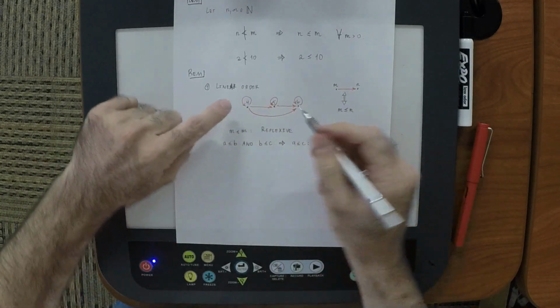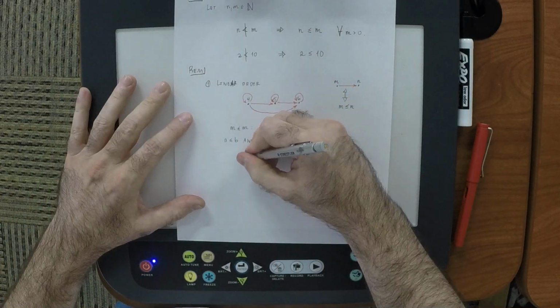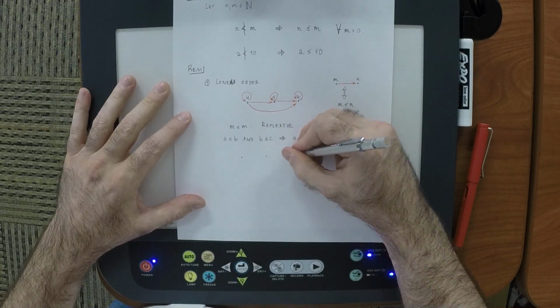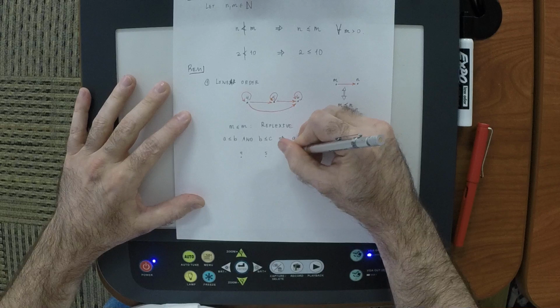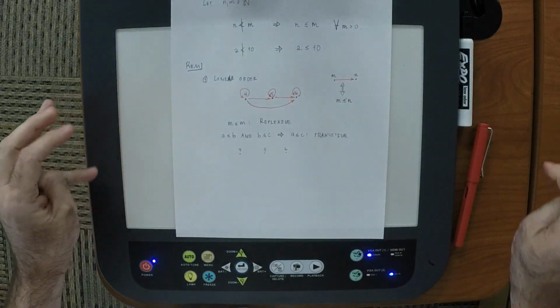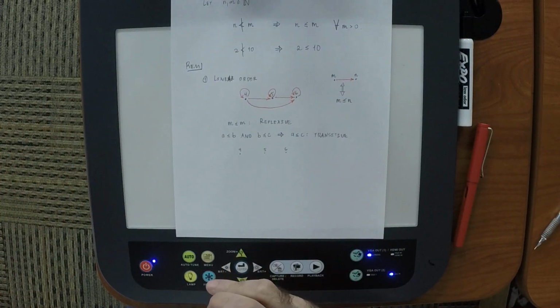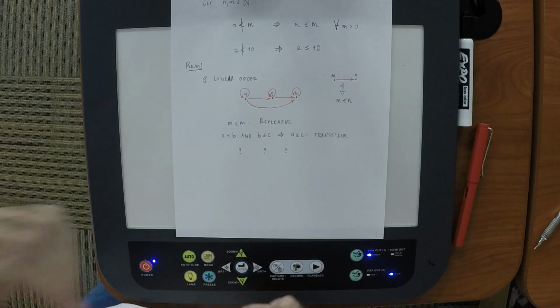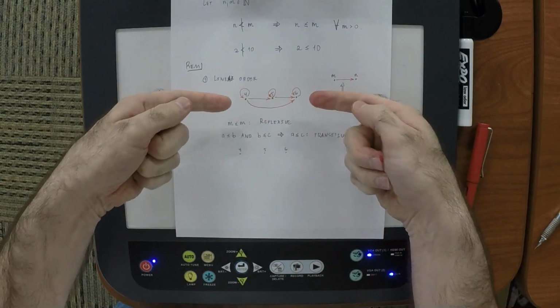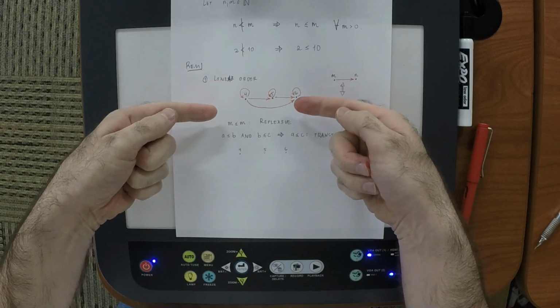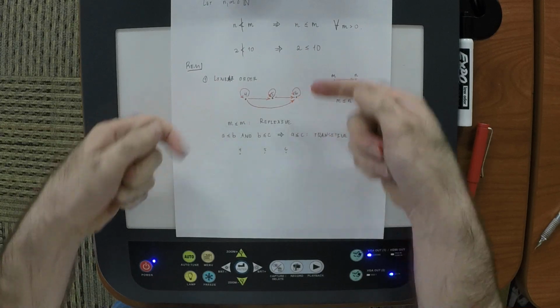So now what I want to do is I want to simplify this picture. I want to simplify the picture by deleting everything that is a consequence of reflexivity and everything that's a consequence of transitivity. So in this picture, what are the consequences of reflexivity? The self loops, right?